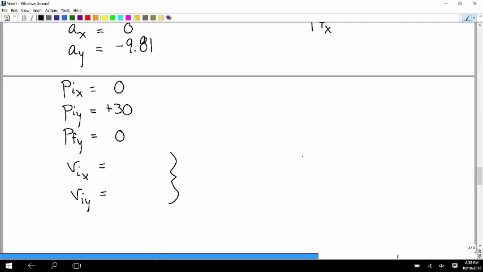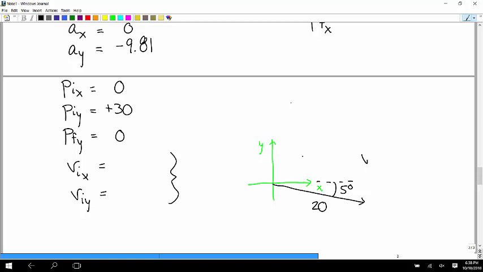Yeah, so we know that if this is the coordinate system, this vector is 20 meters per second long, and this angle is 5 degrees.